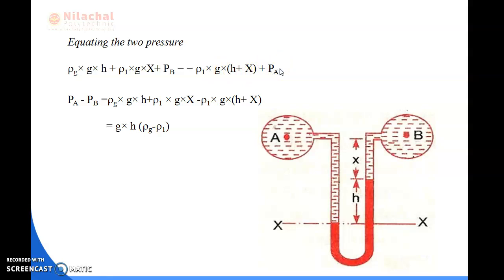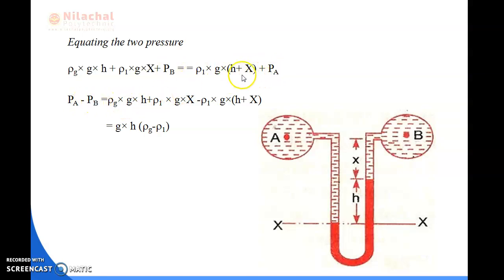So what is our aim? Our aim is to calculate the pressure difference, that is PA minus PB. So you are taking PB from the left side to the right side, that's why you are giving the negative sign.